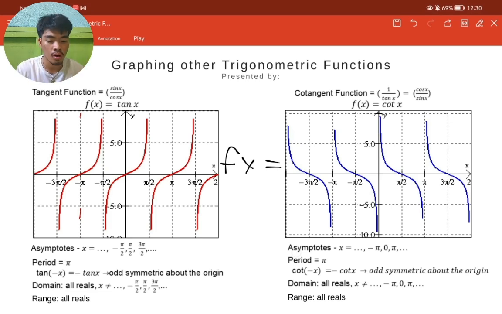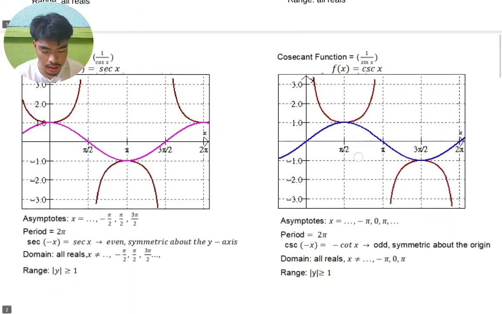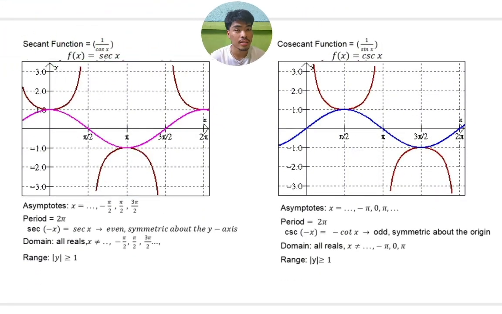Now moving on to secant. The secant function is the reciprocal of cosine. Wherever cosine hits its peak at 1 or its valley at negative 1, secant touches it and curves outward into a series of U-shapes and inverted U-shapes.